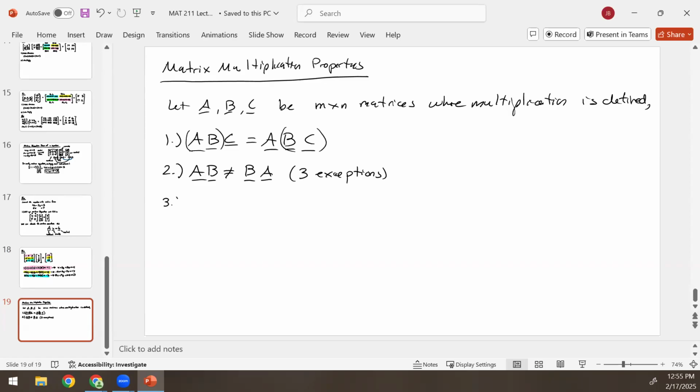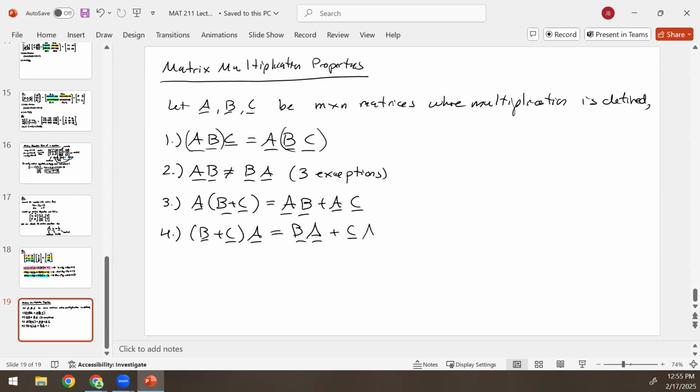And then number 3 says if you multiply a matrix on the left side of parentheses, you have to distribute on the left side. We call that left distribution. And if you multiply matrices on the right side of parentheses, then you have to multiply on the right side as well. So again, this just goes back to the second condition that order does matter.